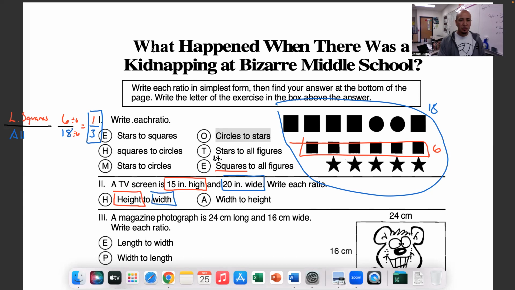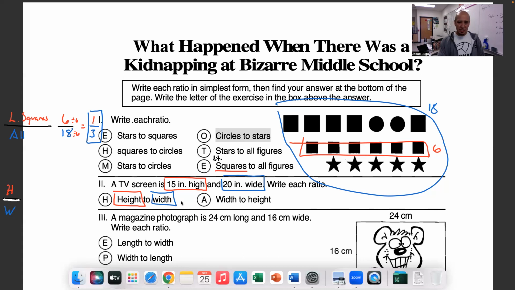So I'm going to write that as a fraction in words. So I'm going to put height, or H, on the numerator over the width. So H over W, height over width.